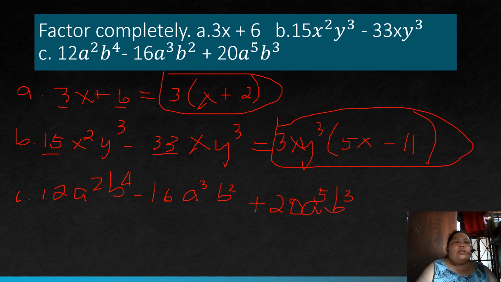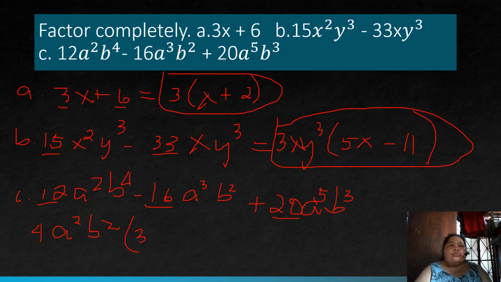Upon examining, we have 12, 16, and 20, and the GCF is 4. So we get 4, then a squared and b squared, because they have the lowest exponent. So 12 divided by 4 is 3.